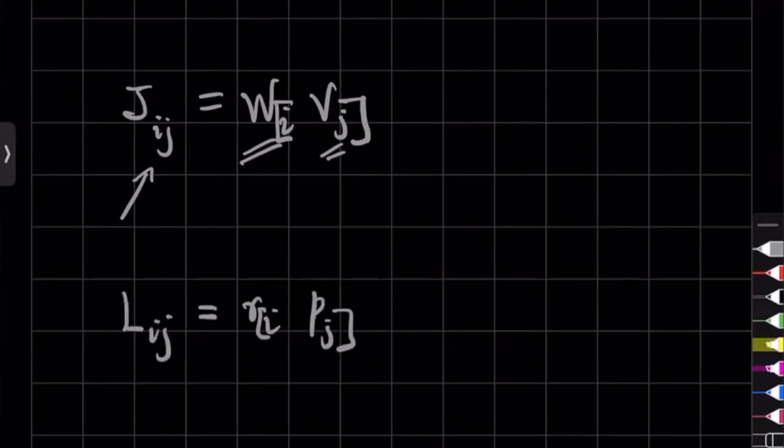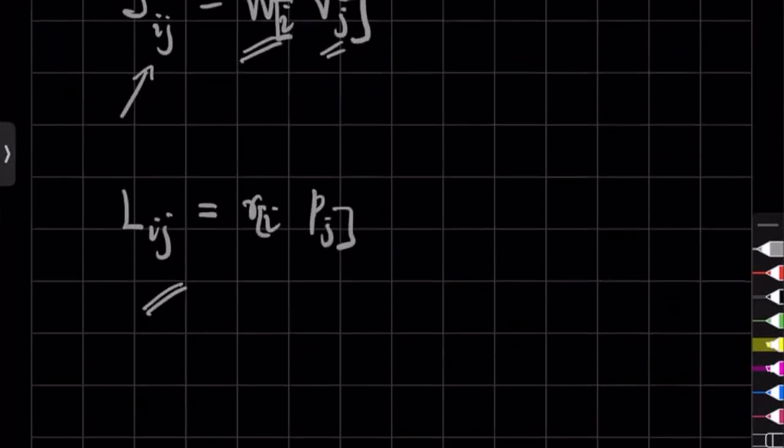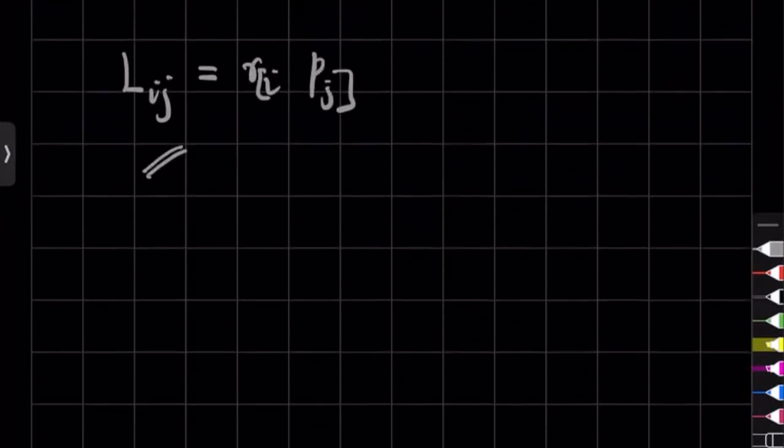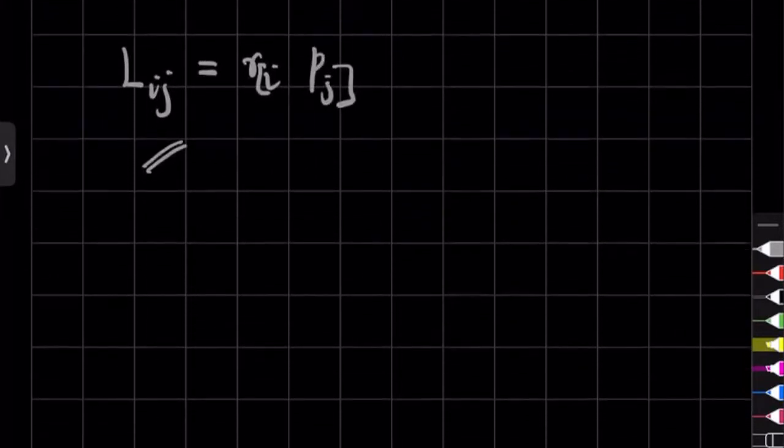Can someone tell me how many independent components L_{ij} has? 3. Right. So do you know what L_{ij} is? If R_i is position and P_j is momentum? Angular momentum.